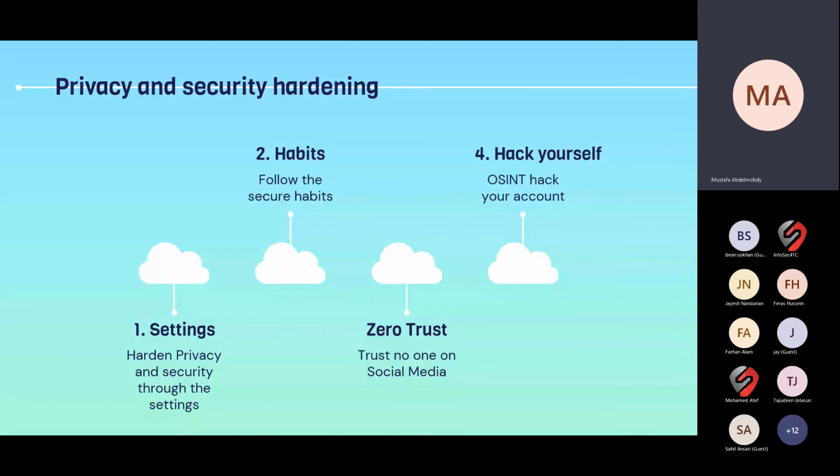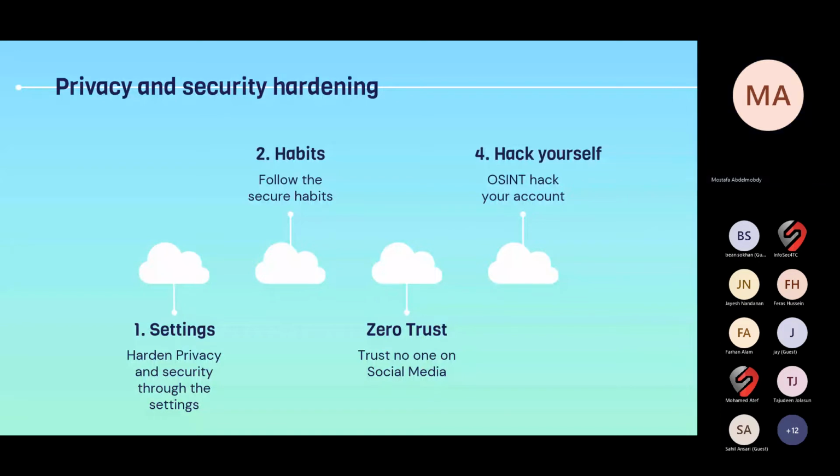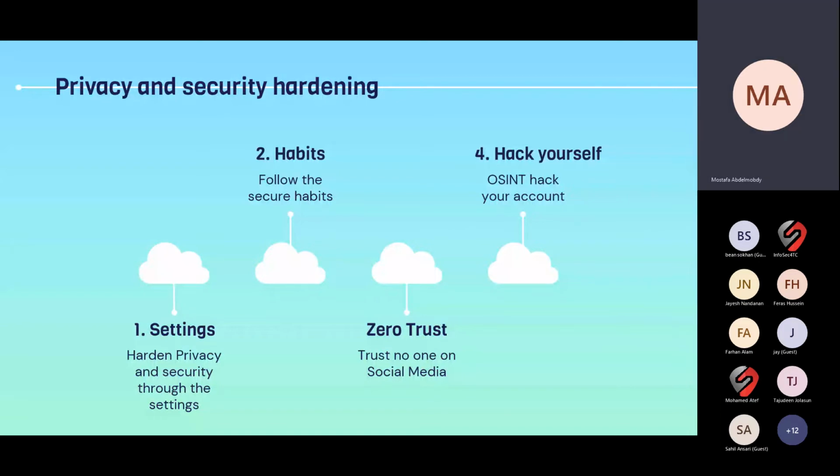Because if a hacker copied a close friend's account and wanted to send you an add request, and you started to talk to them, you will notice that he's not your friend. There's something strange. But if your non-close friend sent you an add request, of course you will accept it, right? And if he talked to you, you will not notice anything because you don't know him very well.